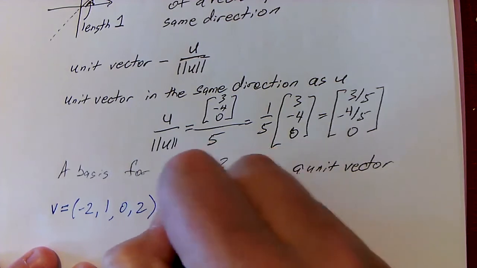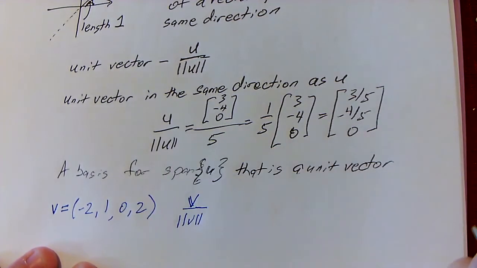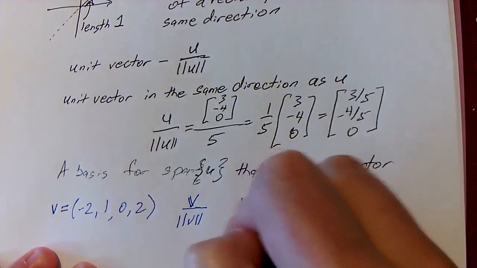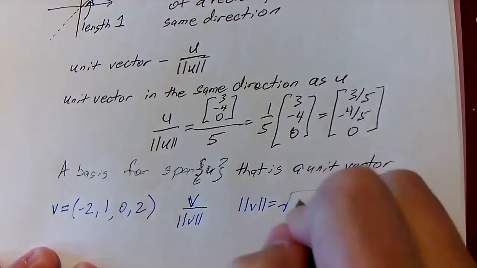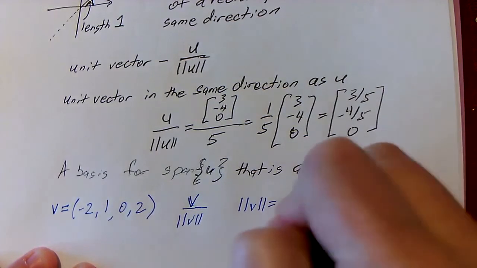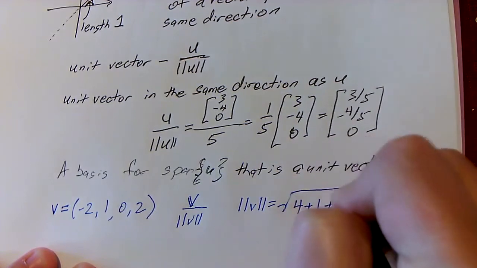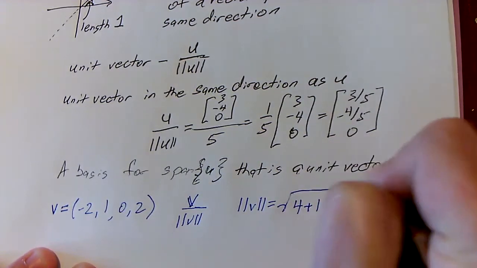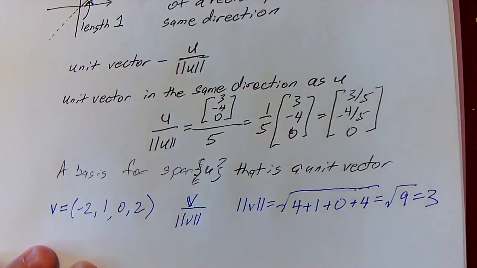All we're doing is v divided by the norm of v. So the norm of v would be the square root. Negative 2 squared is 4. 1 squared is 1. 0 squared is 0. And 2 squared is 4. So I've got the square root of 9, which is 3.